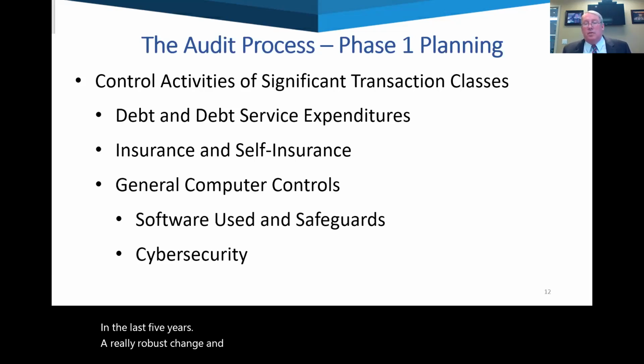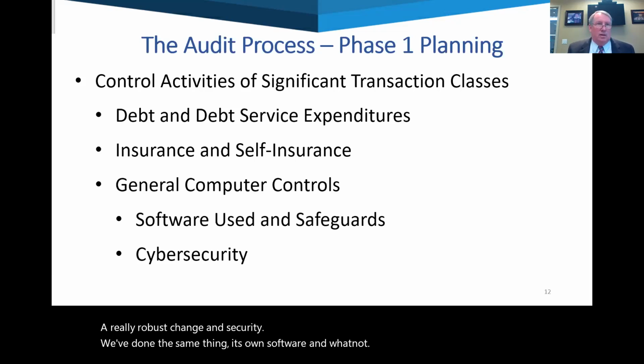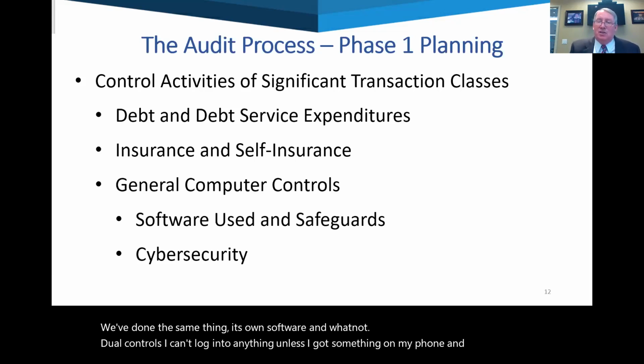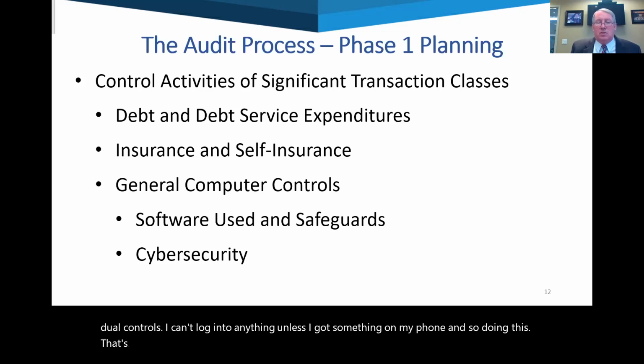We've done the same thing for our audit software, and what we've done to protect against cybersecurity issues, all the dual controls. I can't log into anything unless I get something that comes on my phone and says, is this you doing this? And I have to hit yes. And so all those dual security pieces are needed as part of this.